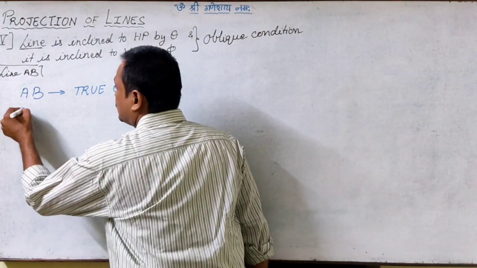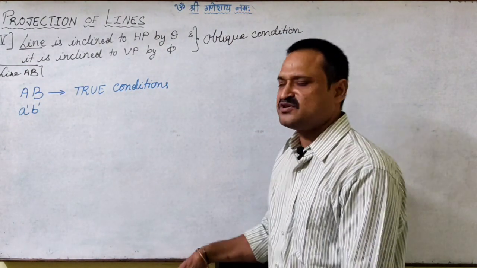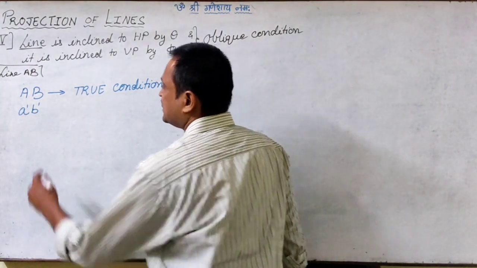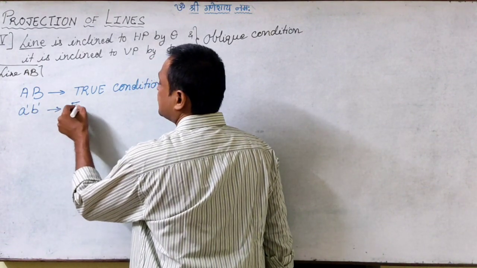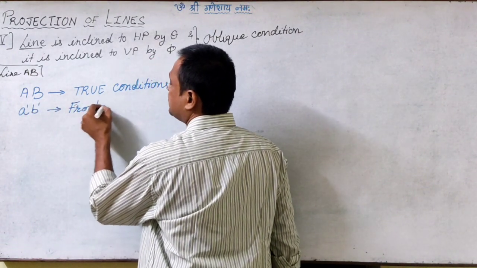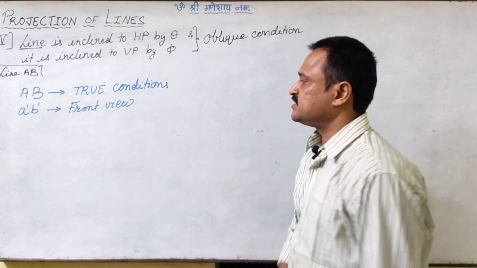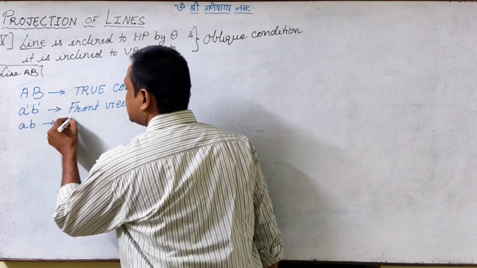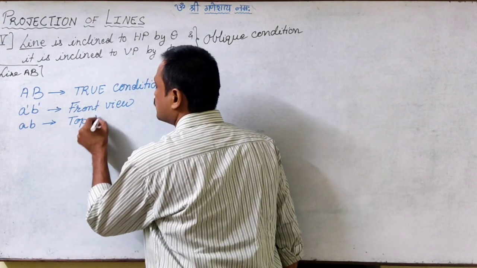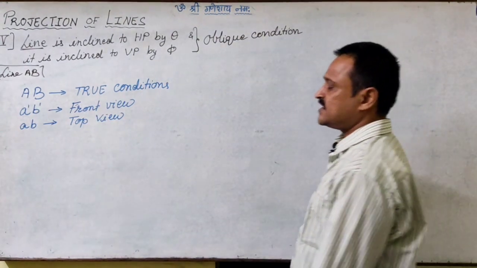Then in smaller case, for example I am taking the name AB, it can be PQ, whatever name is given. If it is A dash B dash, that means we are talking about the front view of that particular line. If it is just smaller case, then it is the top view. We are referring to the top view conditions, right?